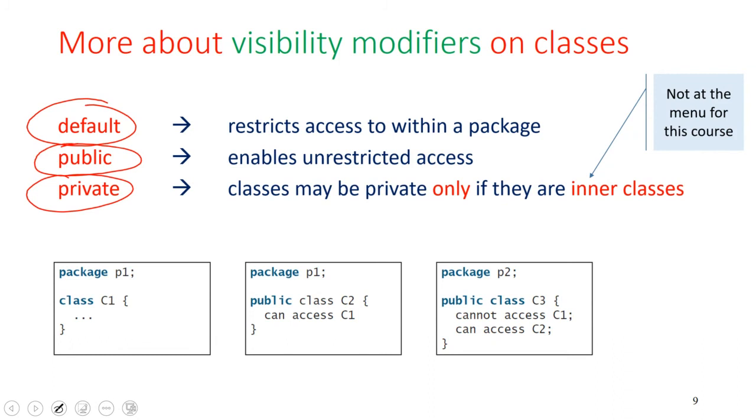This is what we have been using until now, and what we're going to use for this entire course. That means you can access the class, which means being able to create objects of that class from anywhere, a different package, from within the same file itself or another file. And again, the public class is what we're going to use almost exclusively in this course.